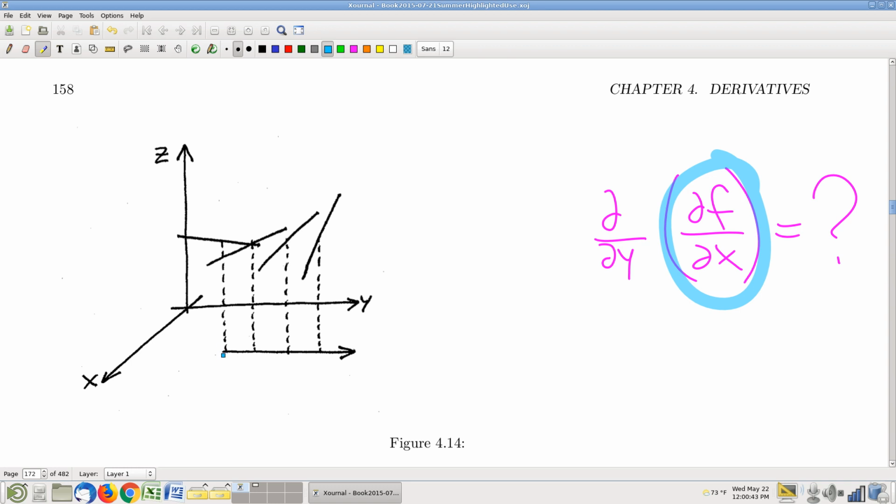Well, at, let's say, that point, a partial with respect to x says I'm going to look at a cross section in the x direction. I'm going to look at the slope of the tangent line in that direction. This is the value of partial f with respect to x at that point. It means this slope in this direction. Okay.